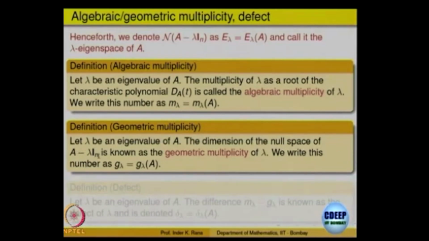It is written as g lambda or g lambda of A. So g for geometric multiplicity, m lambda for algebraic multiplicity. So when do you think a matrix will be diagonalizable?